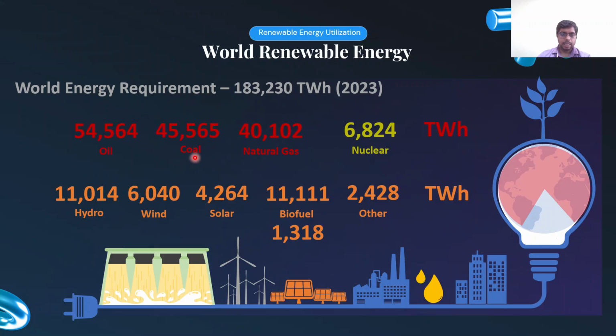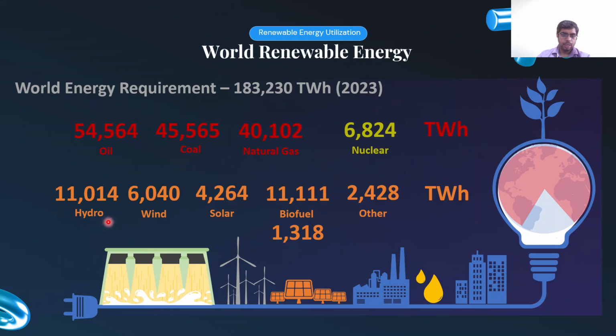And then for power generation, we basically depend on coal. The world basically depends on coal. You can see 45,500 terawatt hours is coming from coal, right? About 40,000 terawatt hours is coming from natural gas, and about 6,800 terawatt hours is coming from nuclear. If you look at the contribution from the renewable energy sources, hydro contributed the most because it contributes to lots of electricity generation as well as other energy needs.